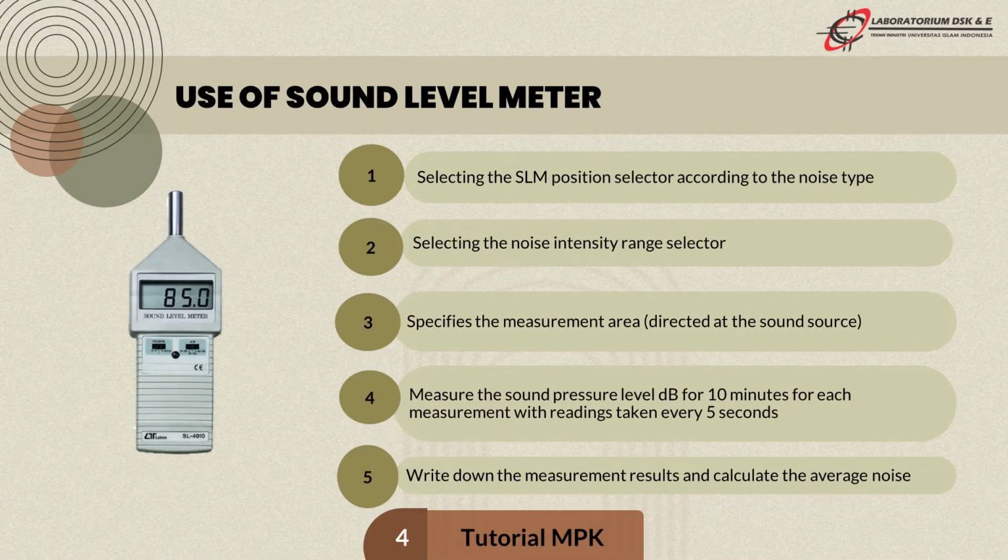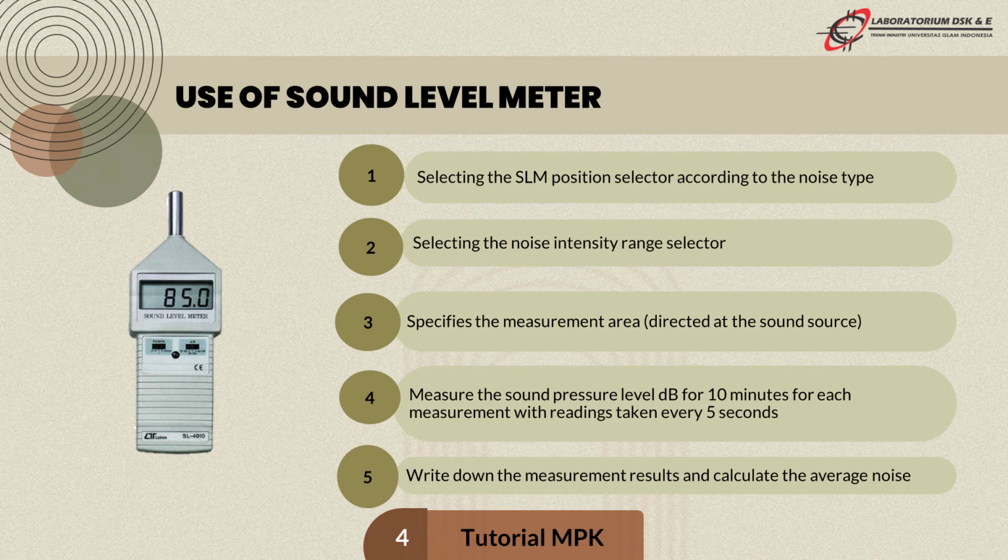Okay, we will move to how to use a sound detector, namely the sound level meter. First, select the sound level meter position selector to adapt to the type of noise. Second, select the noise intensity range selector, and then determine the measurement area directed to the source of sound.